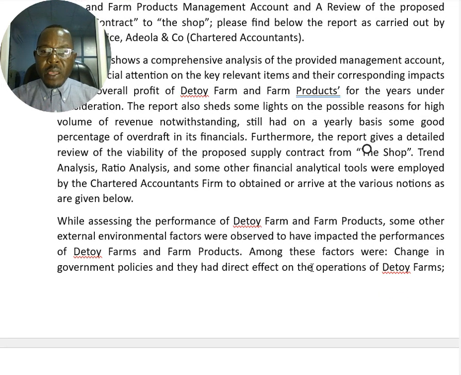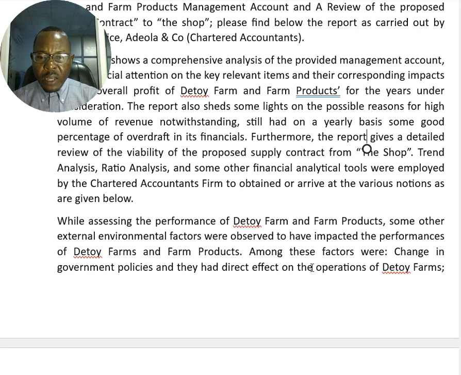You can see the way we ensure that all these things appear. Lastly, while assessing the performance of the farm and farm products, some other external environmental factors were observed to have impacted the performance of the farms and farm products.